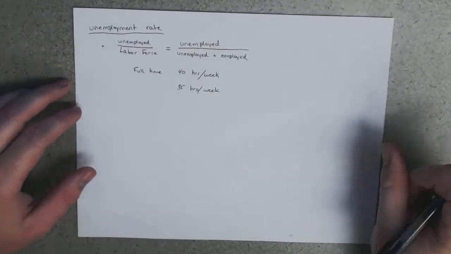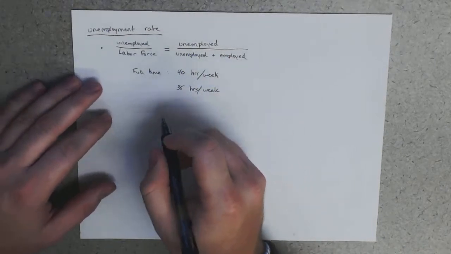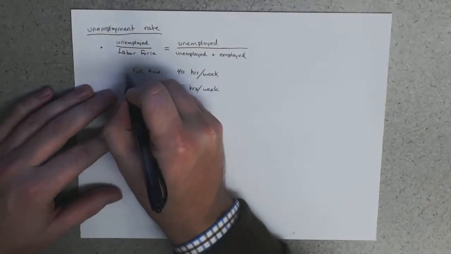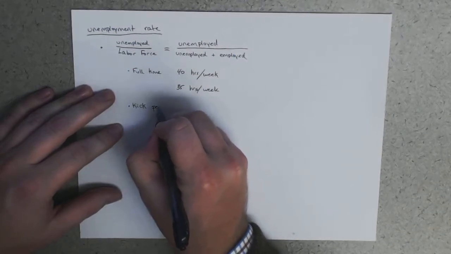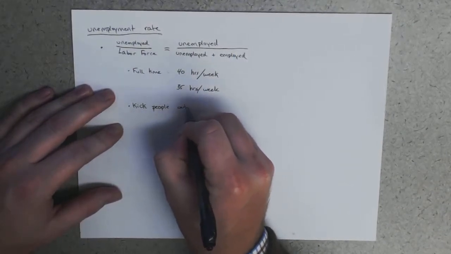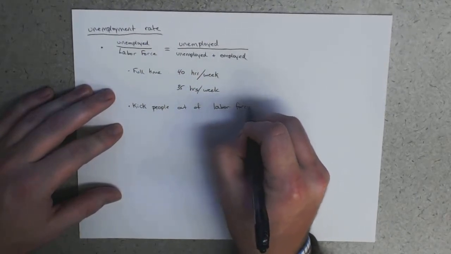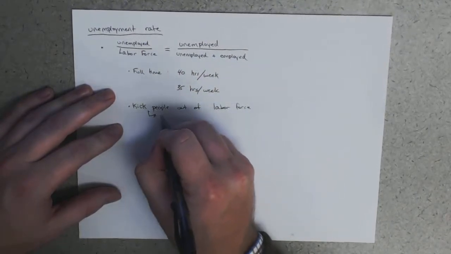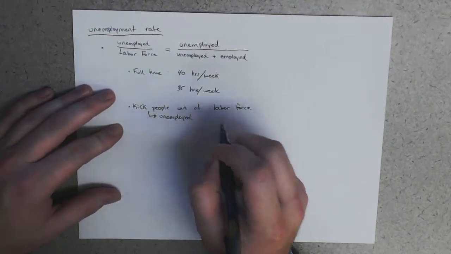Another way we can change the unemployment rate is by kicking people out of the labor force. Right, so we can kick people out of the labor force. And specifically, we can kick unemployed people. Right?